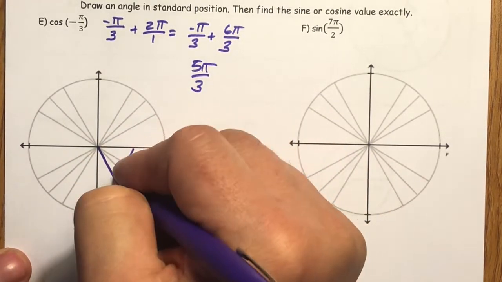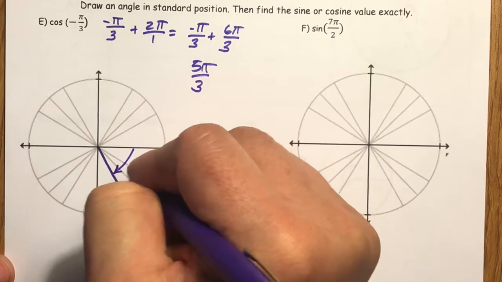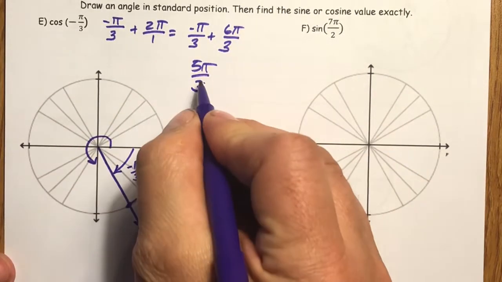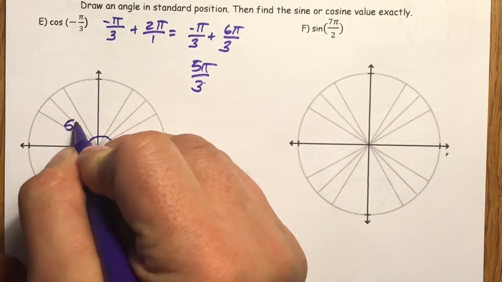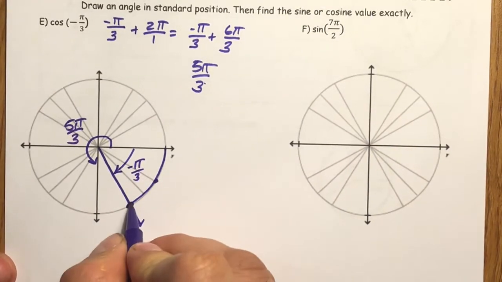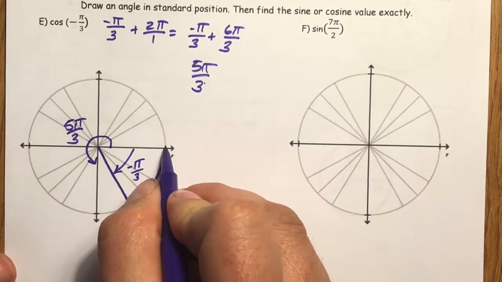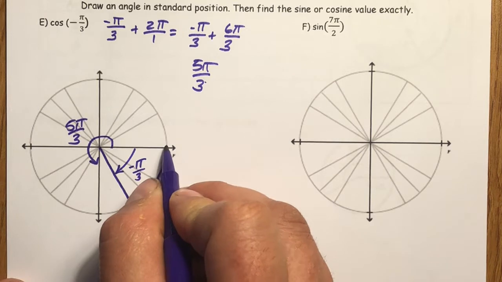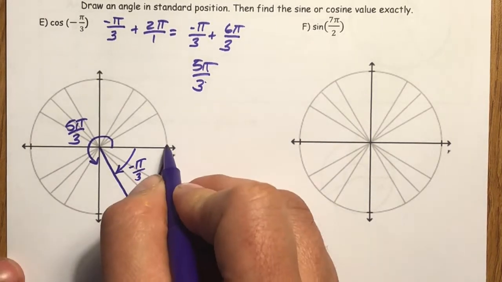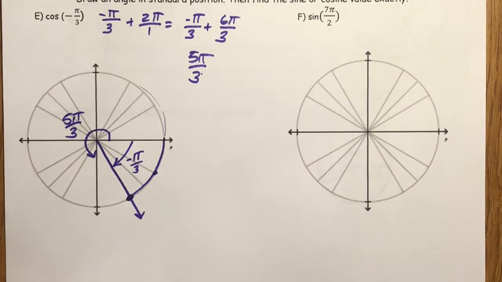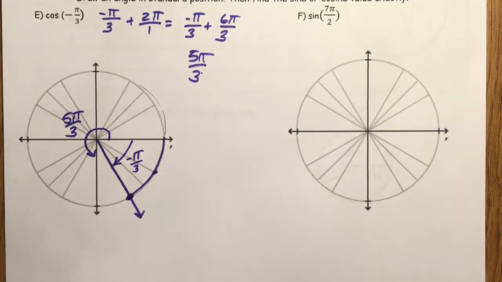So if I went this way, this would be negative pi over 3. If I went this way, it would be 5 pi over 3. So if you wanted to get to this spot on a unit circle starting in the standard position, you could either go negative pi over 3 or you could go 5 pi over 3. These two are coterminal with each other.